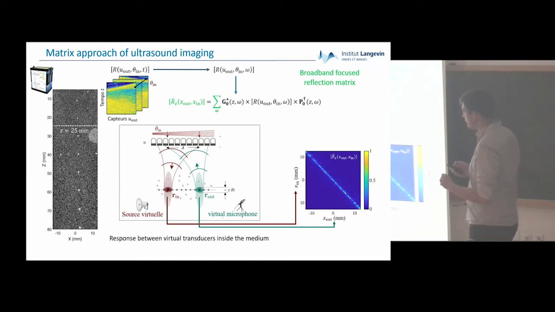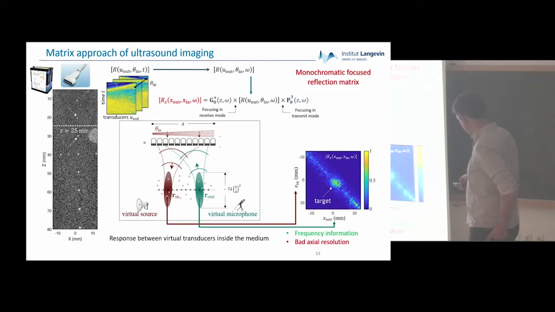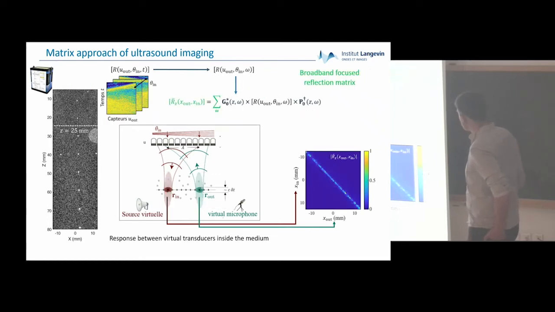You just collect the wave field coming just after this firing. In that case, you saw the reflection matrix that was like that, with signals spreading a bit out of diagonal because of these out of focus scatterers. Now it's perfectly diagonal, and we are in a single scattering regime, so everything is fine.